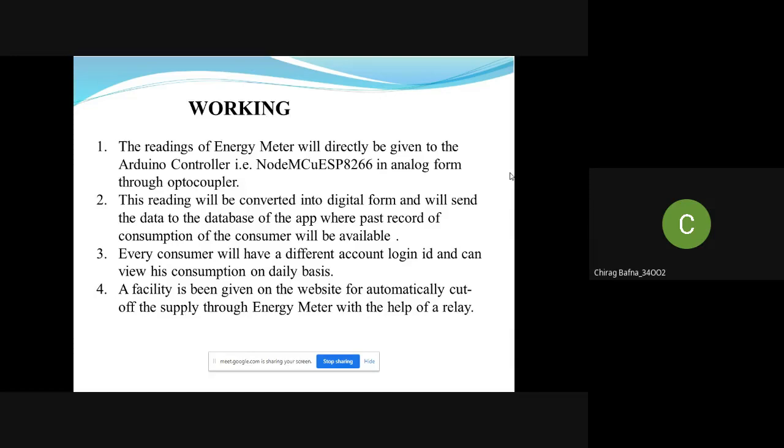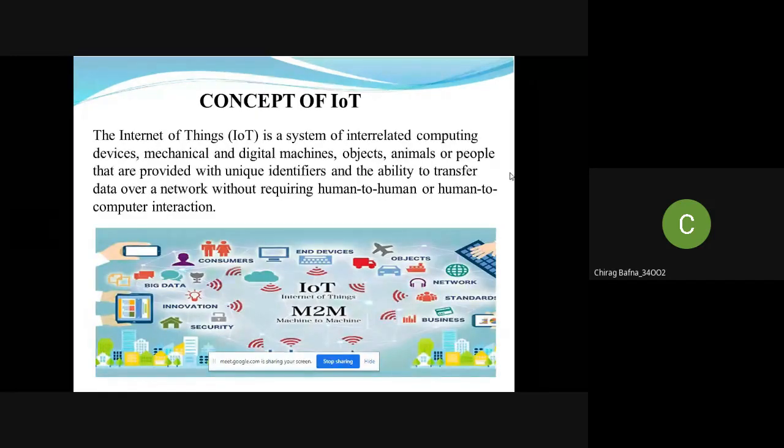Here it is the concept of IoT. Everybody knows IoT is a system of interrelated computing devices, mechanical and digital machines, objects, and so on. With the help of IoT, we can do so many things without requiring human to human or any other interaction.